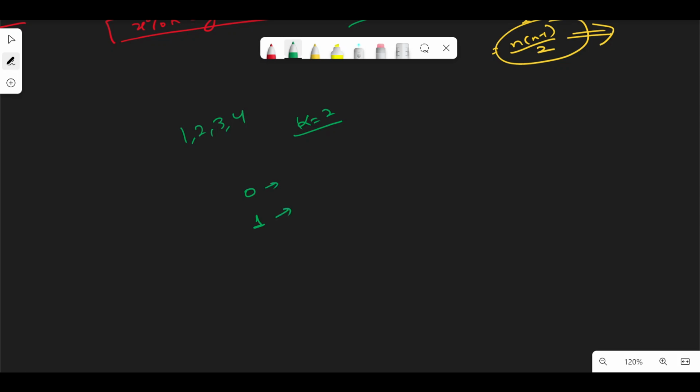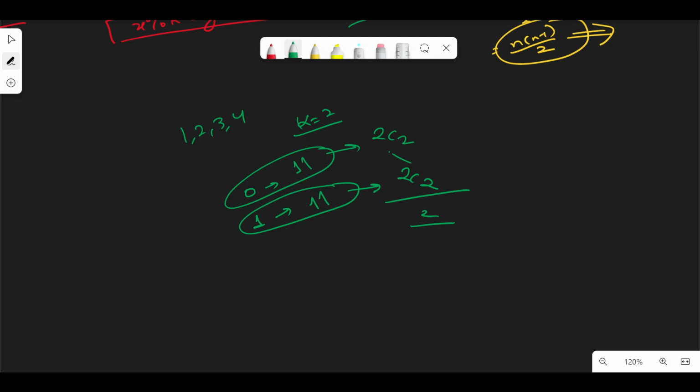Let's see what happens. For 1, the remainder is 1. For 2, the remainder is 0. For 3, the remainder is 1. And for 4, the remainder is 0. So for remainder 0, there are two numbers, so 2C2. For remainder 1, there are two numbers, again 2C2. If you add both of them, you get 1 plus 1, 2. And that's the answer. All right, so let's build the logic based on this approach.